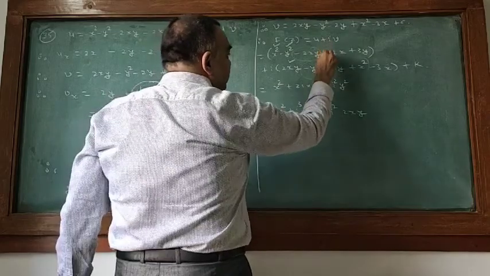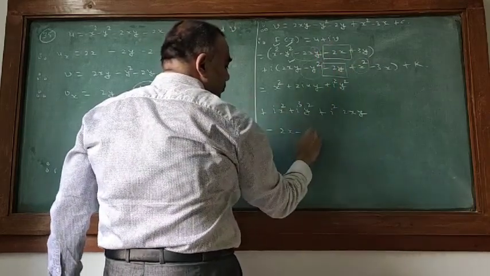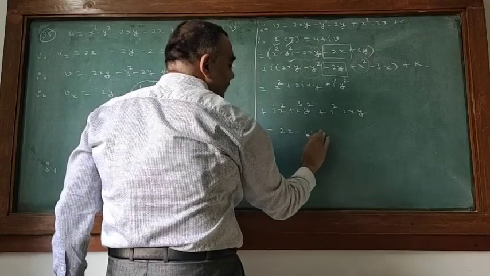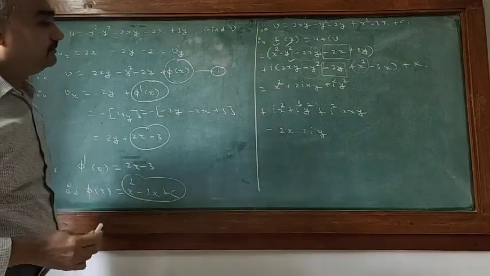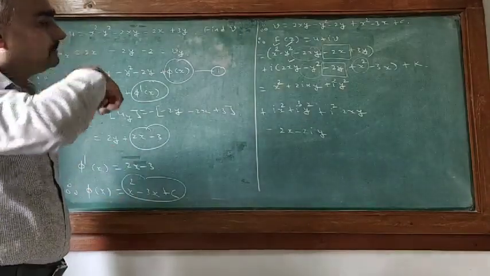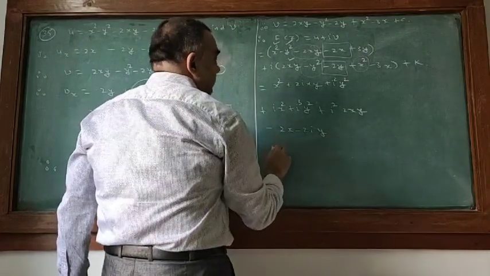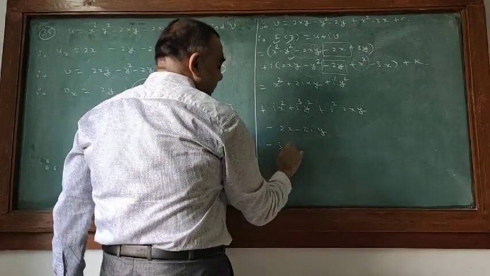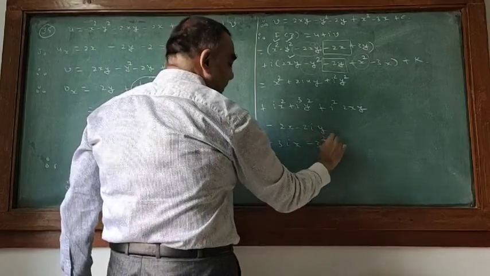Minus 2x, minus 2ix, 2iy, minus 3ix, minus 3i square y.